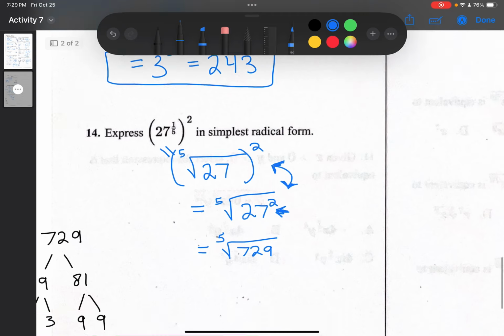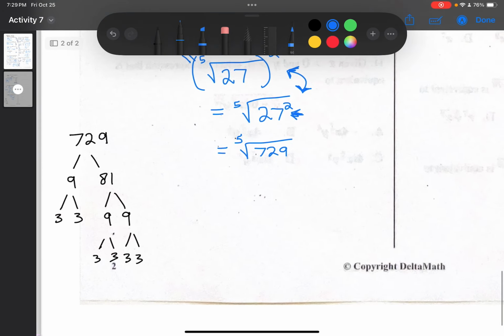You get 729. And that is why I have a factor tree of 729. And you can see you're trying to find 5 groups or 5 of something in here. And that is where you see there's at least 5, right? So from there, there's actually six 3s, which you will see how we need to split those up. 1, 2, 3, 4, 5, and 6, right?